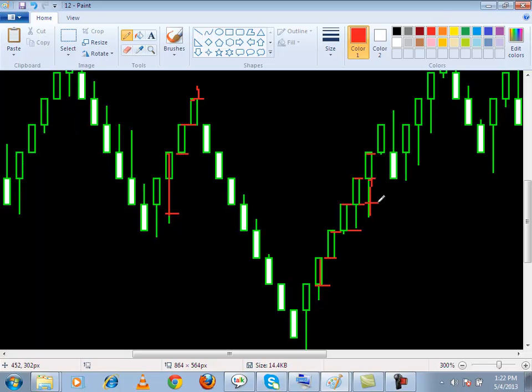This is one candle distance. The price has traveled one candle distance down. So at this point, which I am marking with blue, there will be a sell trade. From here to here there will also be a sell trade.